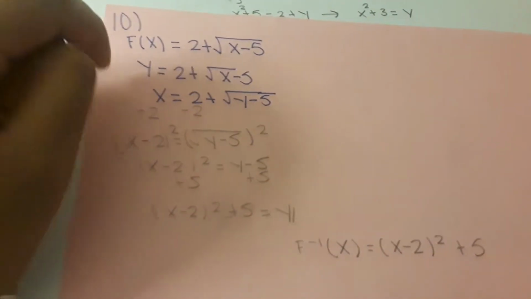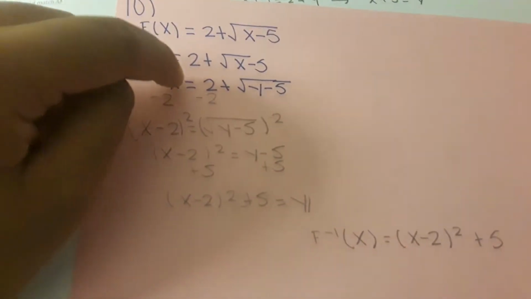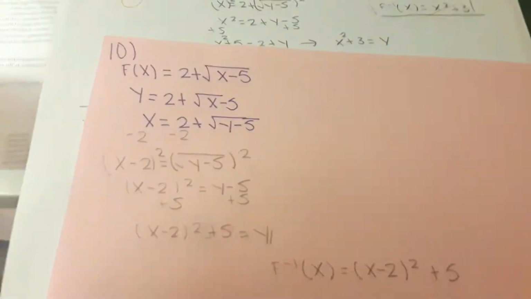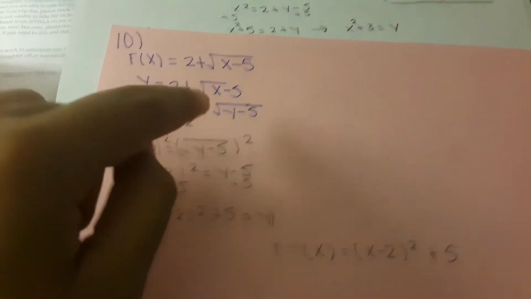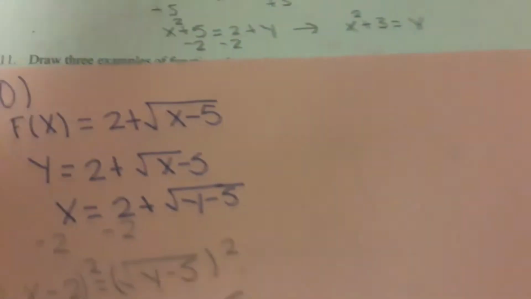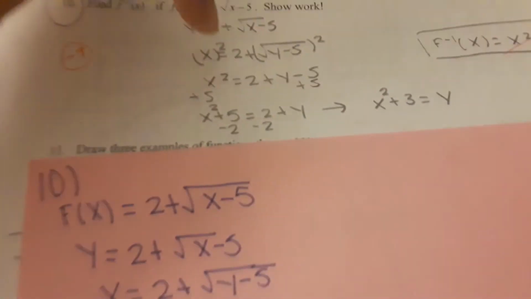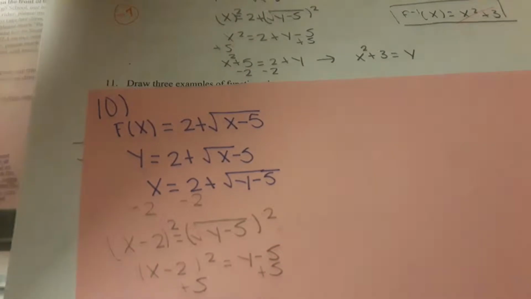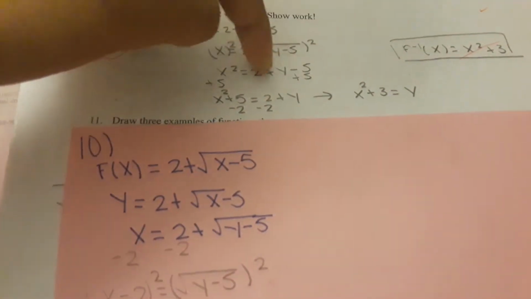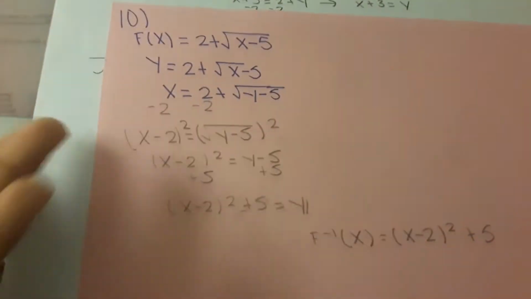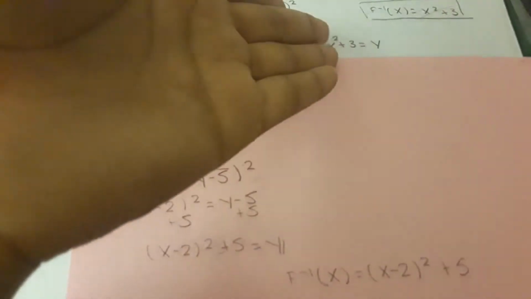From doing this, you get x equals 2 plus the square root of y minus 5. The first thing you're supposed to do is subtract 2, and this is where I went wrong. Instead of subtracting 2, I just square rooted to get rid of the y minus 5 and have one single equation, which led me to the wrong answer.